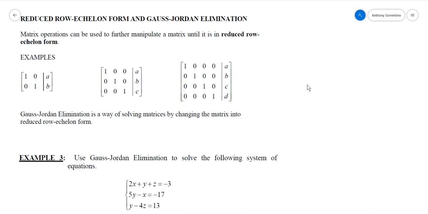The reason being is if I look at, say, the one on the far right here, which I would have an x column, a y column, a z column, a w column, whatever the variables are, this would tell me essentially that x equals a, y equals b, z equals c, and w equals d. Because I would have an equation that has a coefficient of 1 for one of the variables, 0 for the others, and it's going to be equal to a number. So that means basically just that variable equals that number. So that represents a solution.